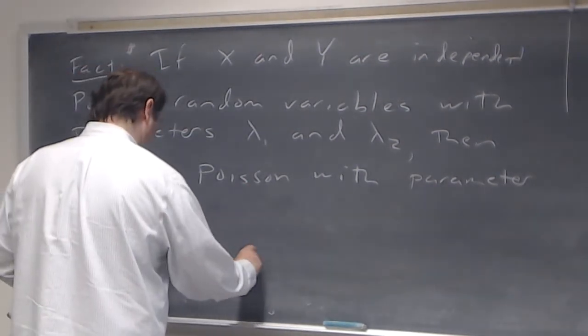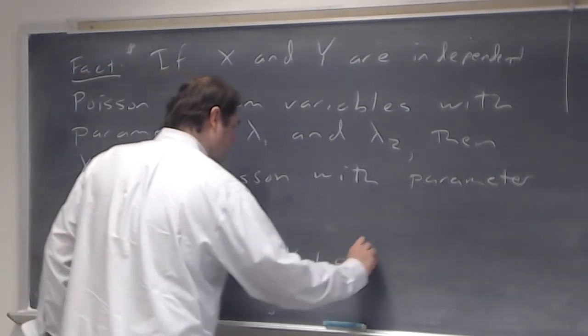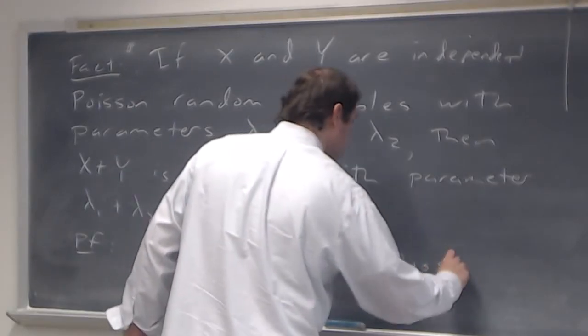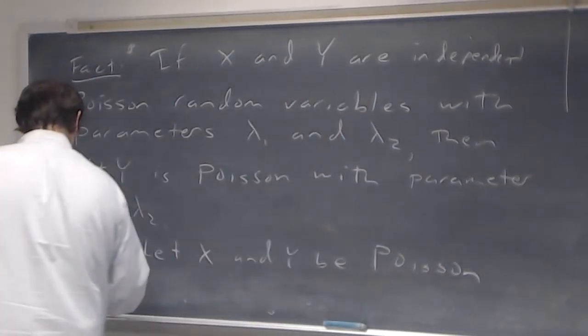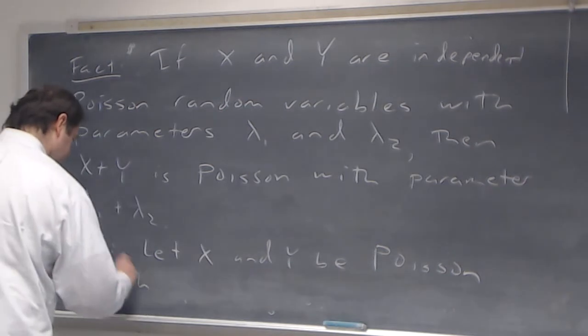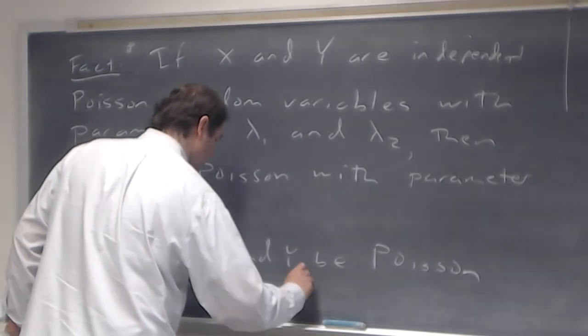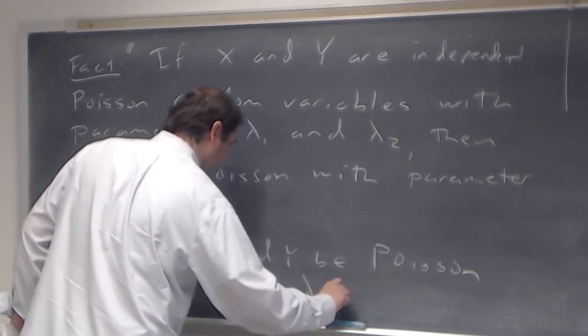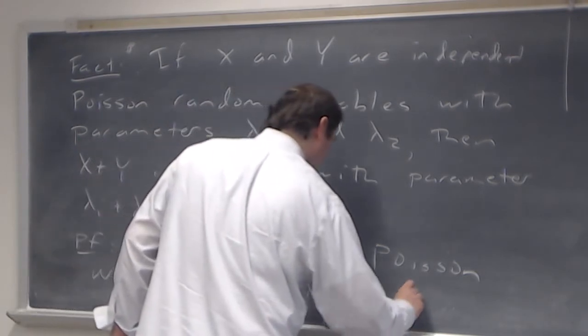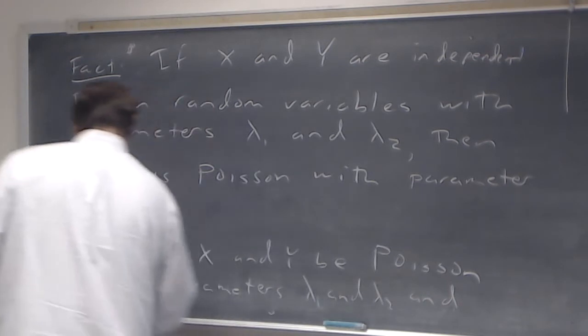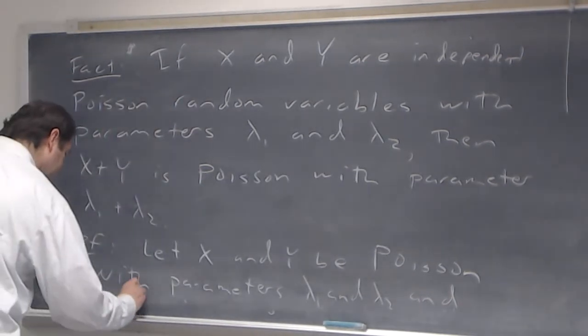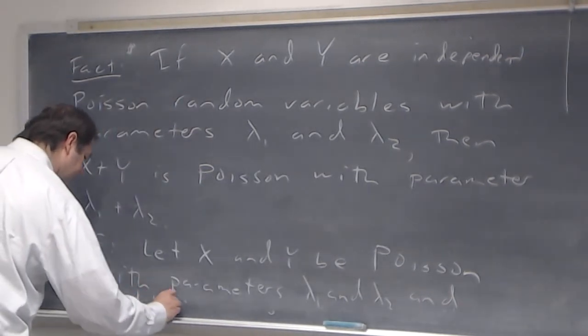So let x and y be Poisson with parameters lambda 1 and lambda 2. And I'll assume that x and y are independent.